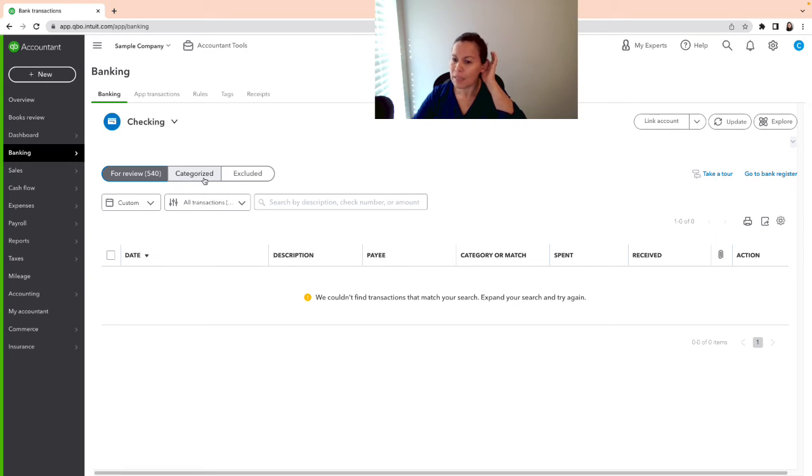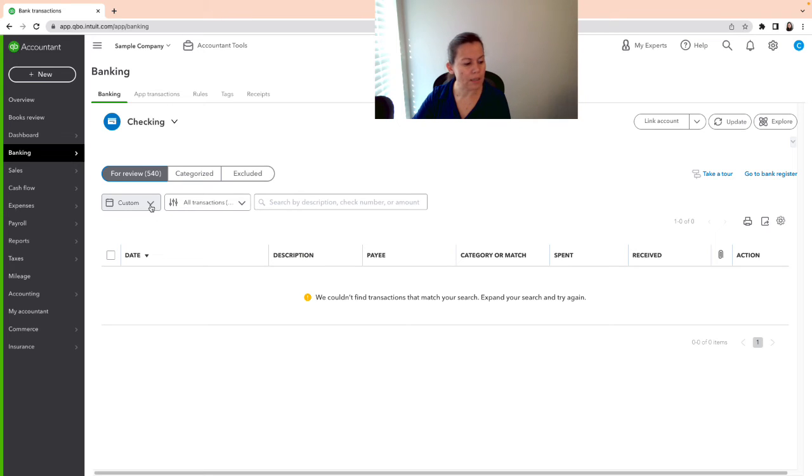Now, if you use a clearance account, like a Square bank account, you can actually transfer any kind of transaction that is coming through your bank.